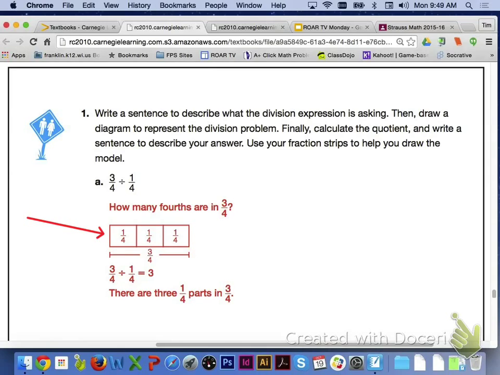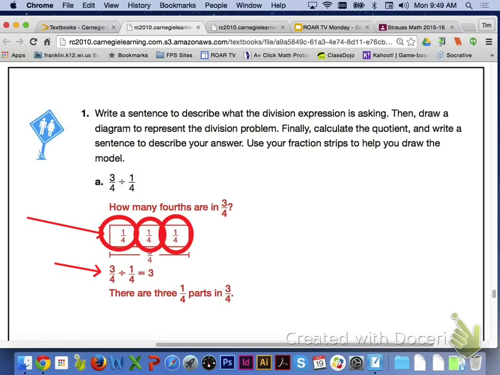If you use your fraction strips, remember you did not have to do that, it is broken up into equal size fourths. And I'm again being asked how many fourths are in 3/4, so I can see that there is 1, there is 2, there are 3 of them. So 3/4 divided by 1/4 is going to give you 3 for your answer.